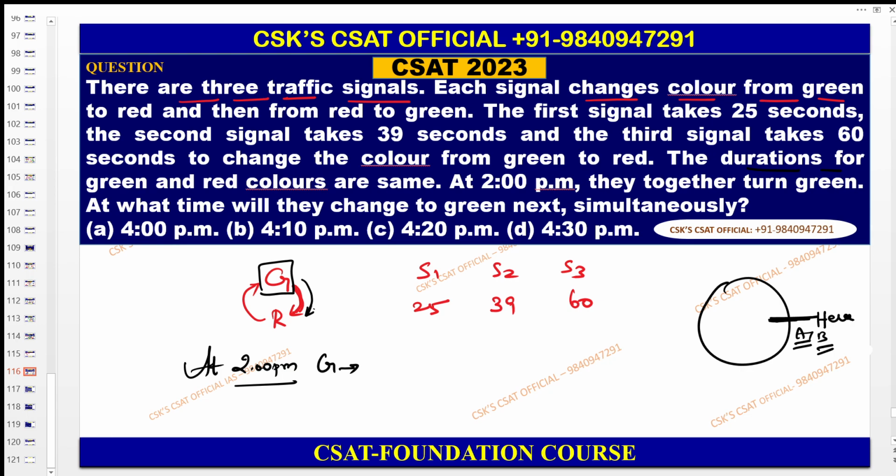So now check the duration for green to red. What is the duration? Green to red. Take the LCM. That's it. LCM of 25, 39, 60.